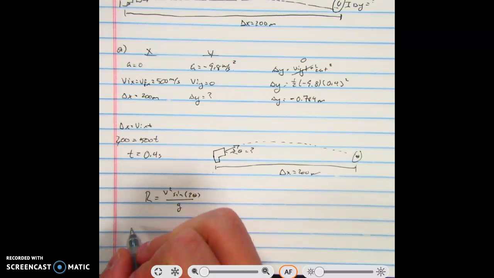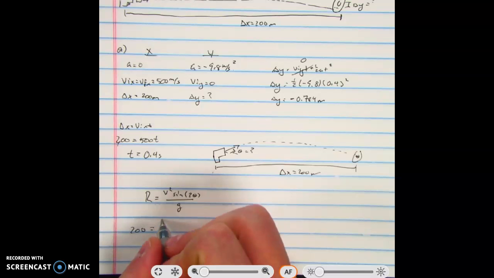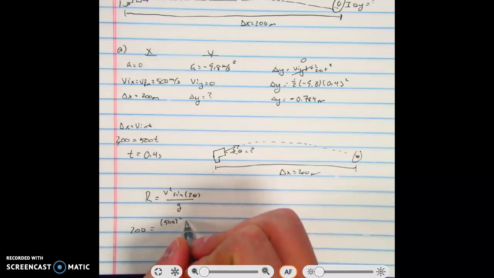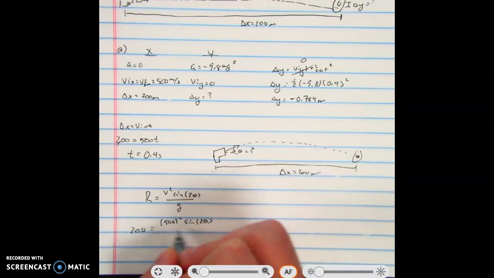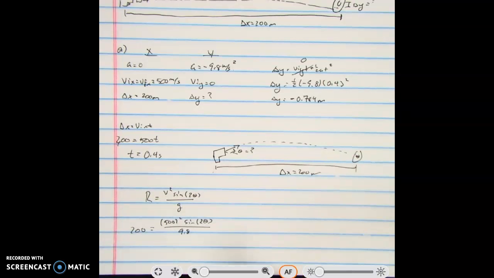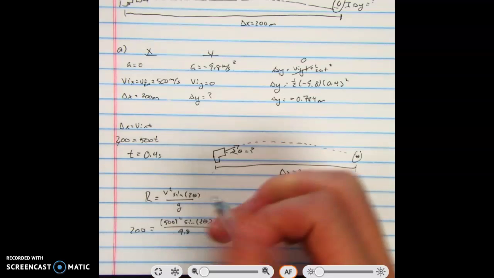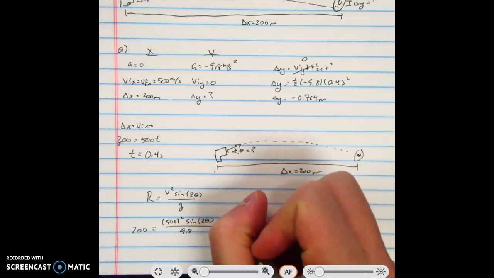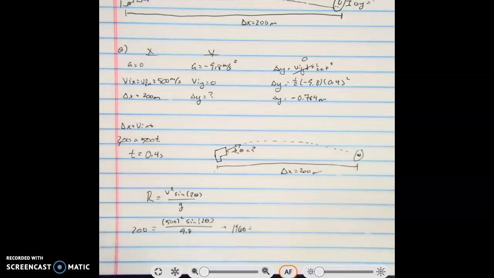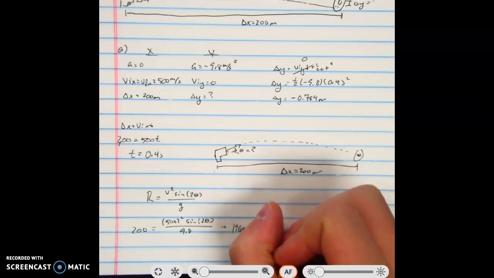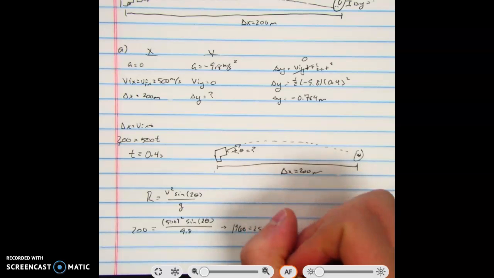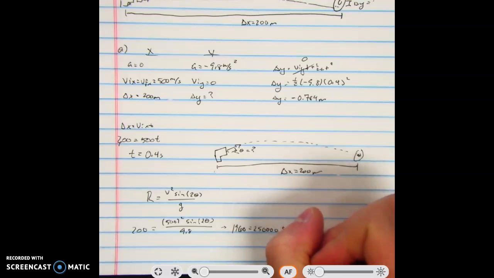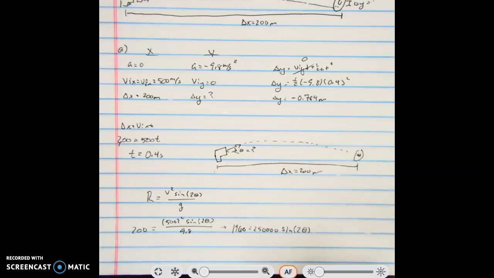So I have 200 is equal to 500 squared times sine of 2 theta all over 9.8. I'll go through this math a little slower. I'm basically going to start by multiplying the 9.8 over and squaring the 500. So we get 1960 is equal to 250,000 sine 2 theta.